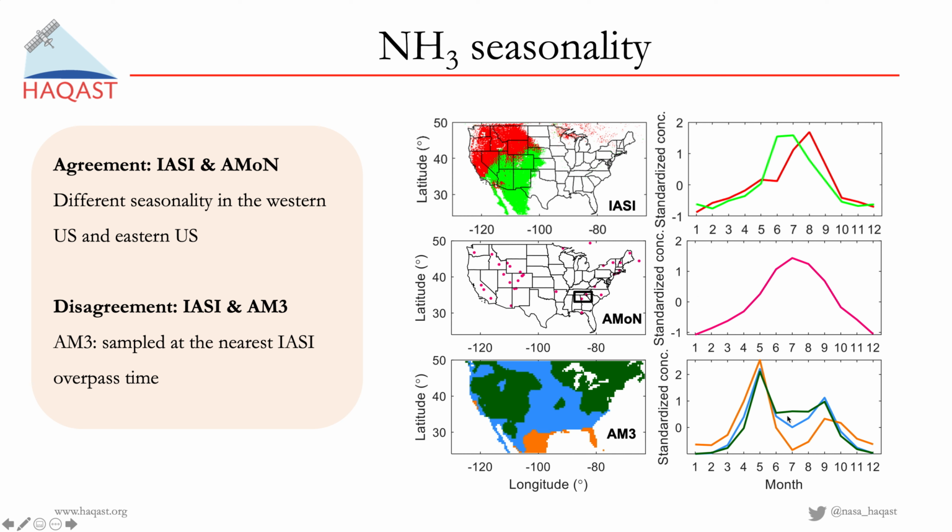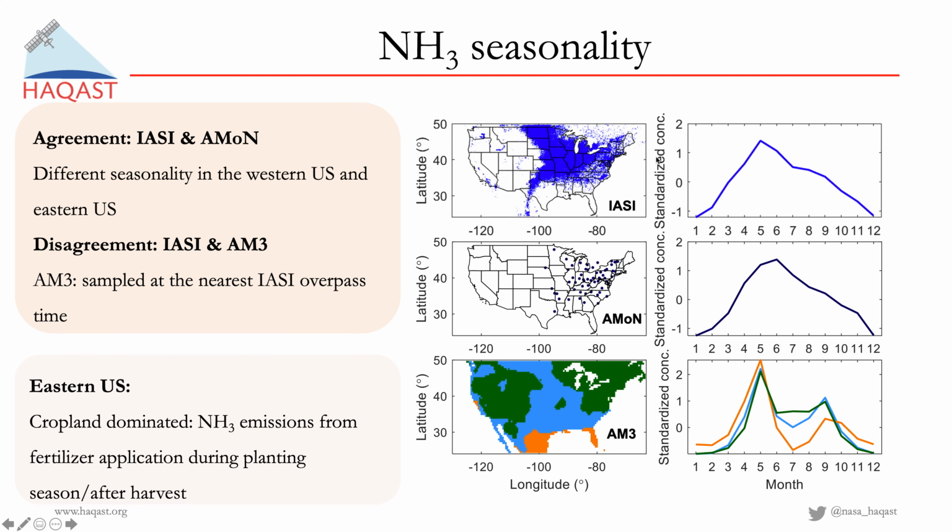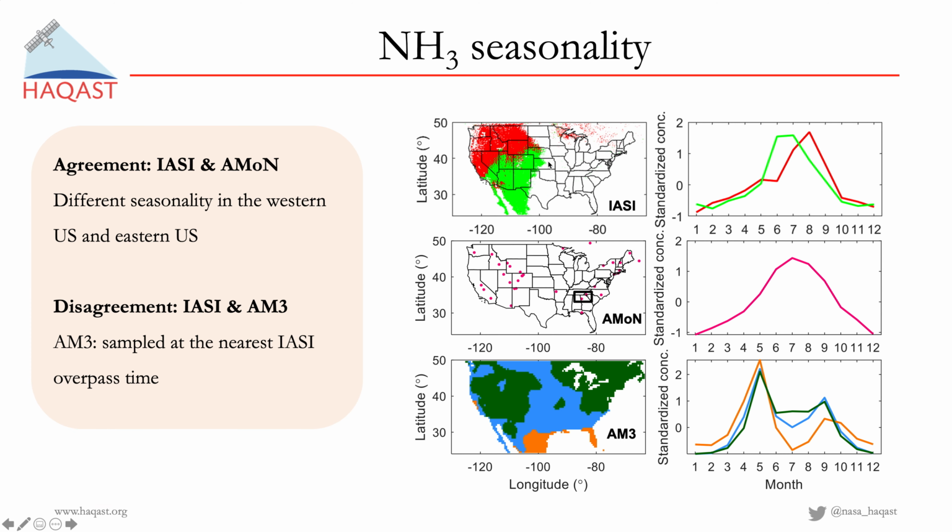And again, this is much different than what's currently parameterized in the models. The reason for this later peak in these regions is because these are largely driven by temperature-driven volatilization of ammonia, whereas over the Midwest and central US, this is largely related to fertilizer application, which is typically done at the start of the growing season in April and May.